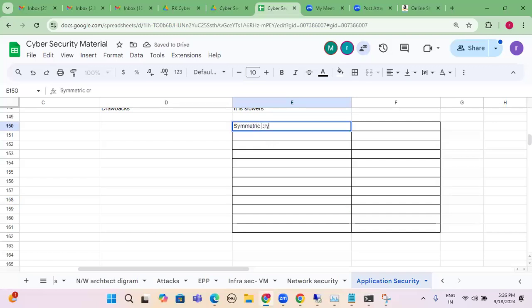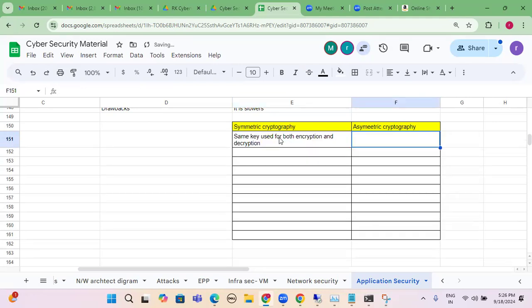Symmetric cryptography and asymmetric. The same key is used for both encryption and decryption. That is symmetric.